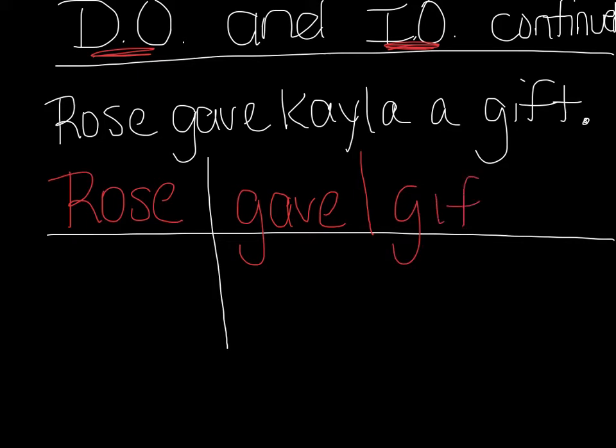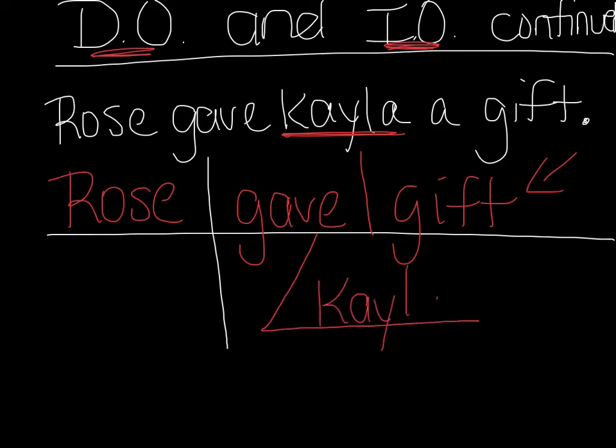That is your direct object, right there. In this case, however, we know the receiver of the gift, Kayla. So underneath our verb, Kayla. But we still have a word left. We still have this modifier, a, and that modifies gift. So it goes right underneath there. How did you do with that?